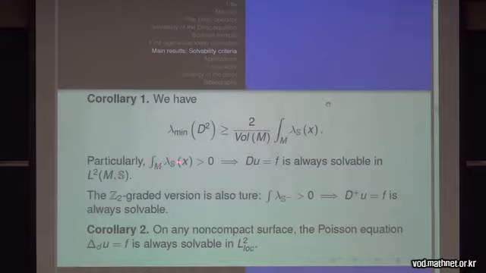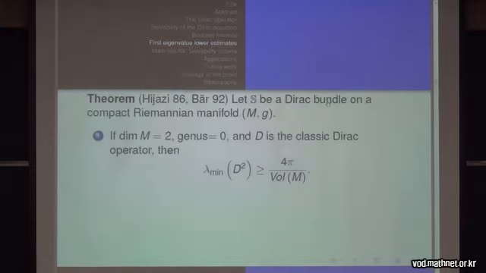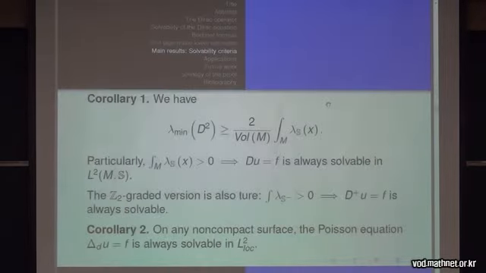So by using the Gauss-Bonnet formula, we know that this inequality is equivalent to Bär's result. This comes from the Euler number of the sphere. So if we consider the Z2 grading, then this condition will imply the solvability of the half Dirac.